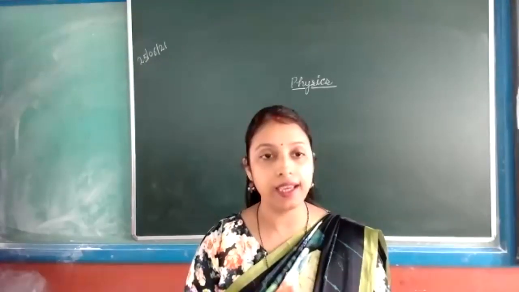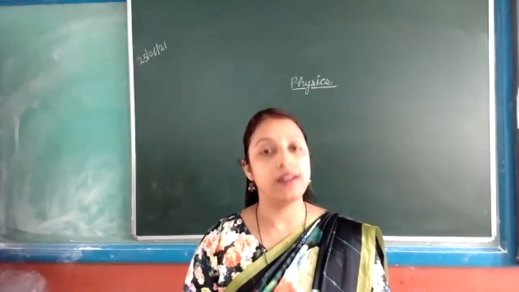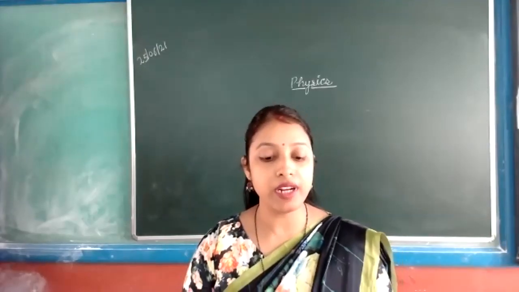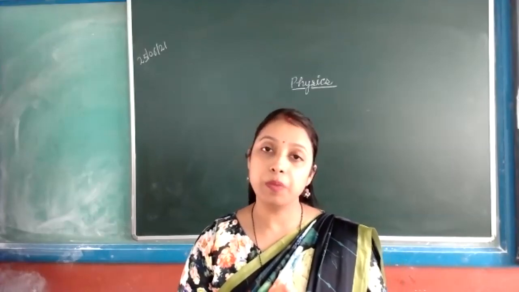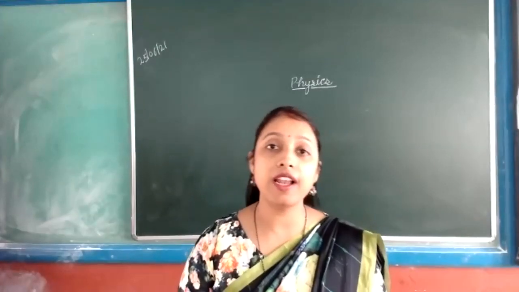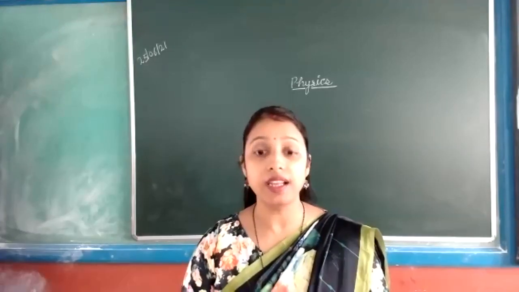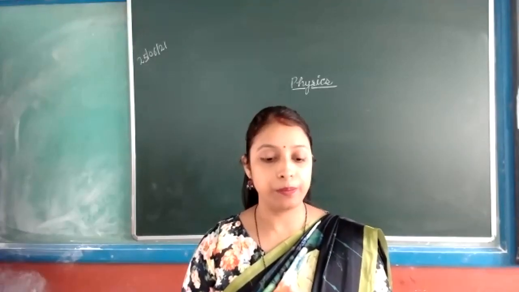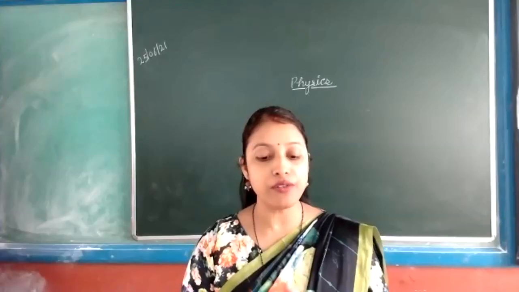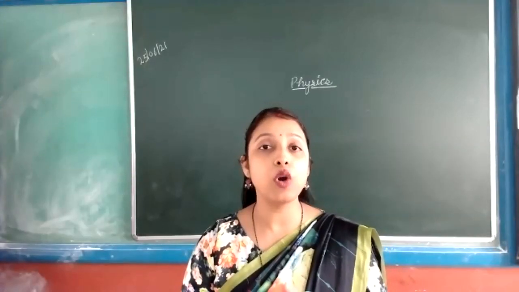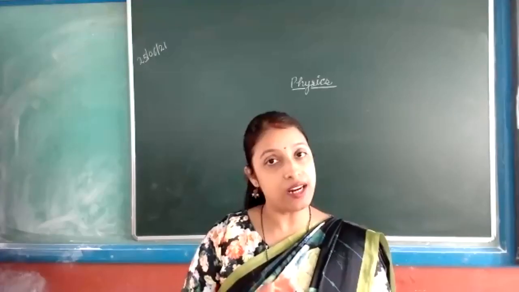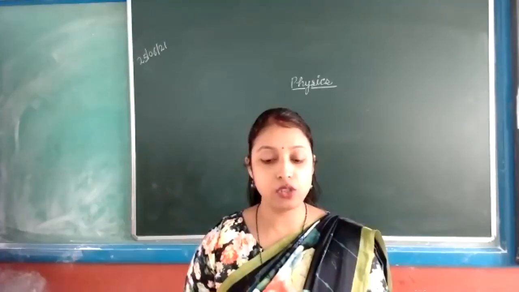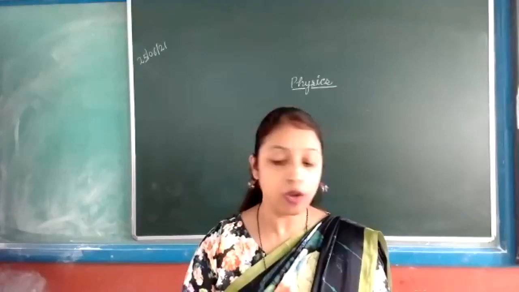Answer is A. Now, the fourth one, which form of energy is possessed by a stretched spring? A stretched spring will have elastic potential energy. Next, the fifth one, which transformation of energy takes place in a doorbell? A doorbell converts electrical energy into sound energy. So the answer is B.